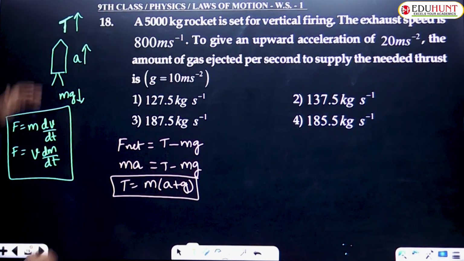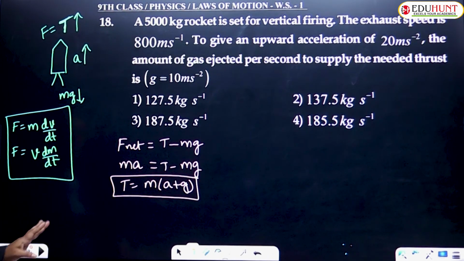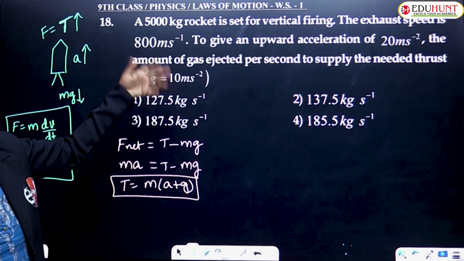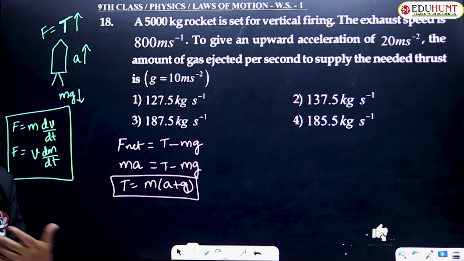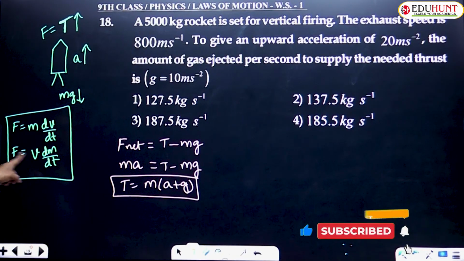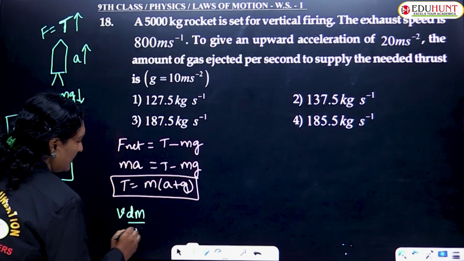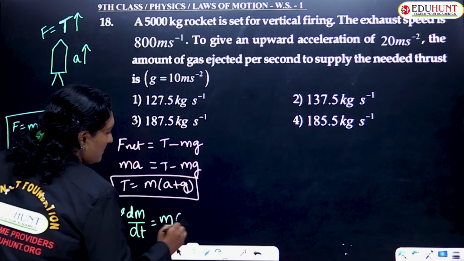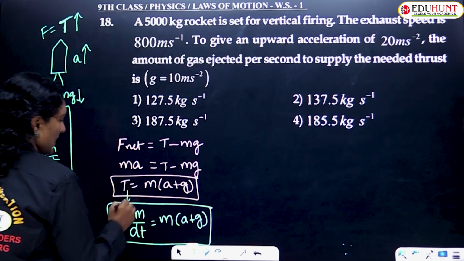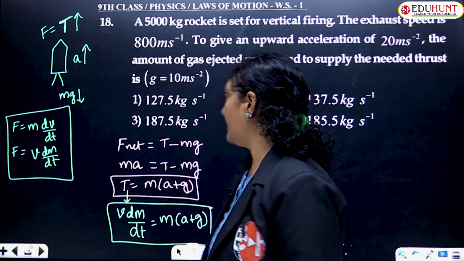So here, F is replaced with T. As the speed is constant and the mass is changing, since gas is continuously acting outwards, instead of T I can replace it with v into dm by dt, equals m times (a plus g). So instead of the up thrust or upward force, I replaced it with v times dm by dt.